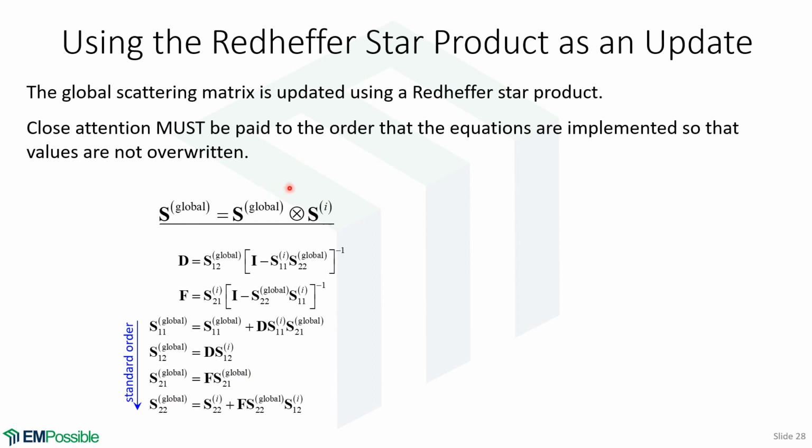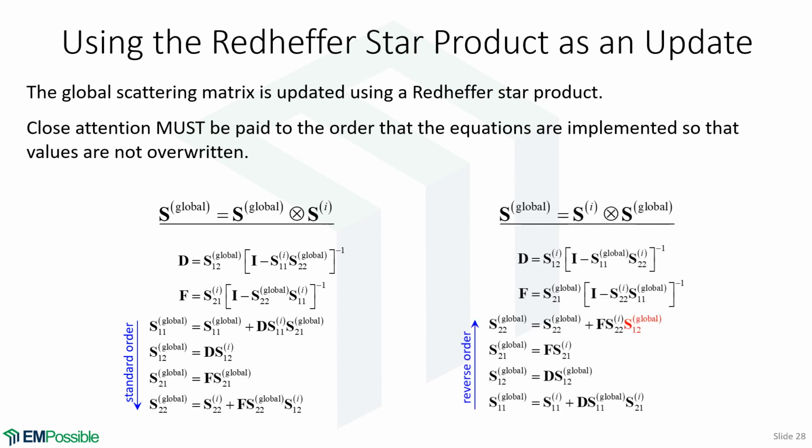What if I decided to reverse the order? And this is something we do when we talk about the reflection side and transmission side scattering matrices. We have to be careful. It turns out we need to reverse the order that we're calculating. So we're going to calculate S22 first, S21 second, S12 third, and then S11 last.